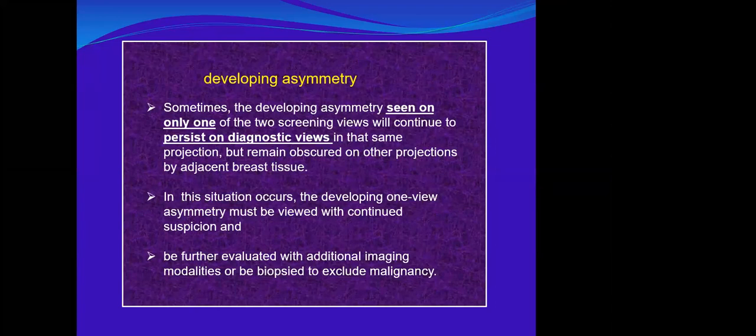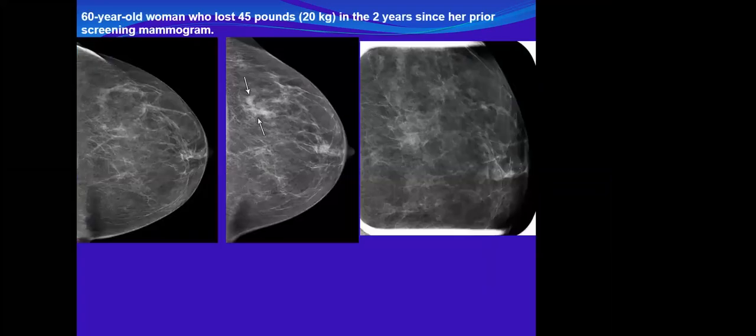Since it is a developing asymmetry, if it is seen in a single or more than one projection, we have to consider it as BIRADS 4 until proven to be downgraded by history, by ultrasound, by additional projections or spot magnification or whatever.